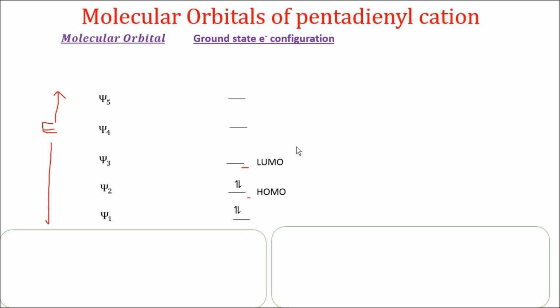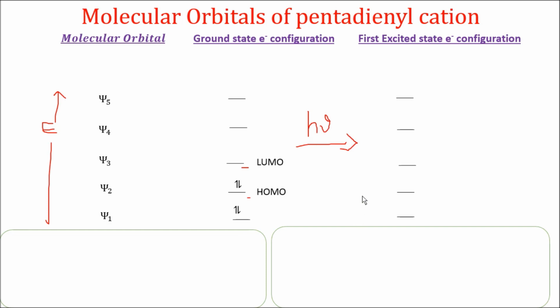Now, friends, just irradiate the pentadienyl cation in the presence of light. Then we get the first excited state. When you irradiate the sample, one electron from the psi2 level is promoted to the psi3 level. Now the molecular orbitals with electrons are psi1, psi2, psi3. Here psi3 has the highest energy, therefore it becomes HOMO.